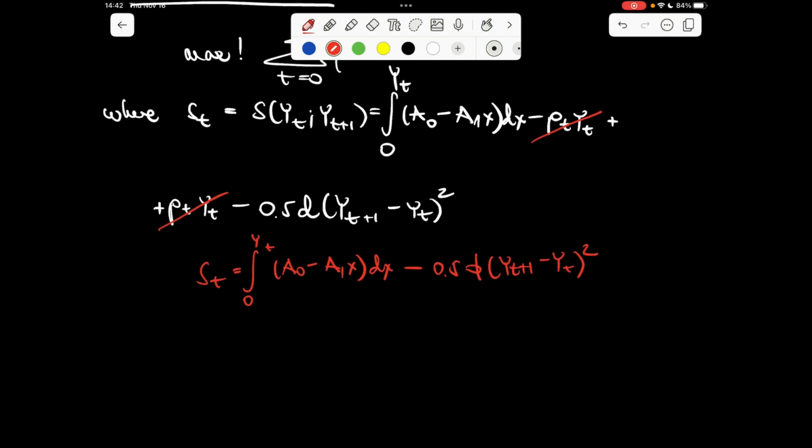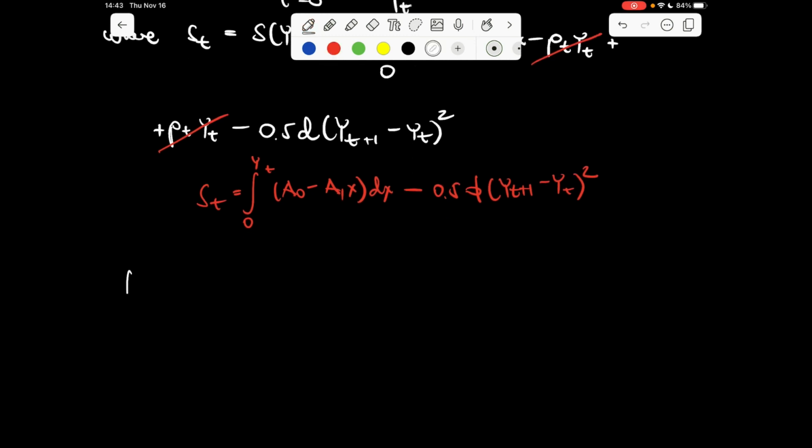Okay, so first, before going on, let's calculate the integral. It's no big deal. This is really, really simple.